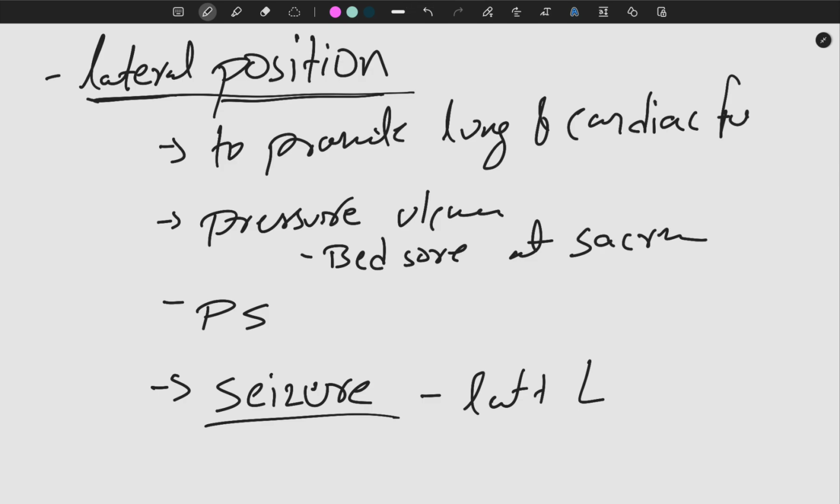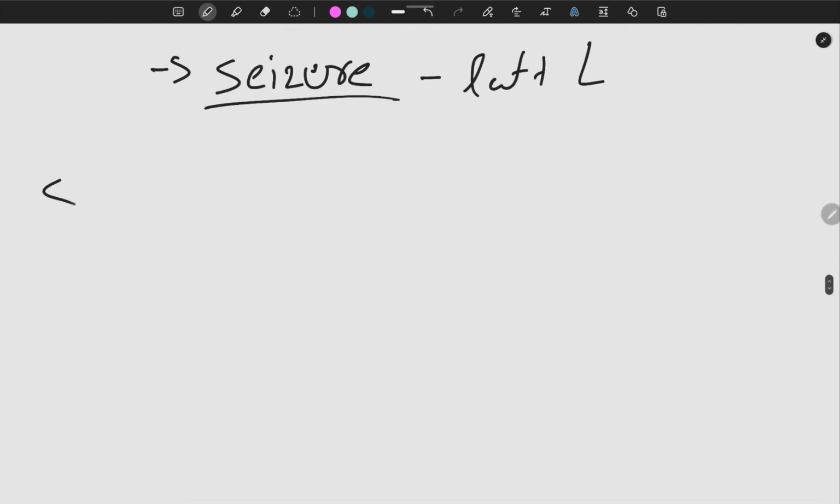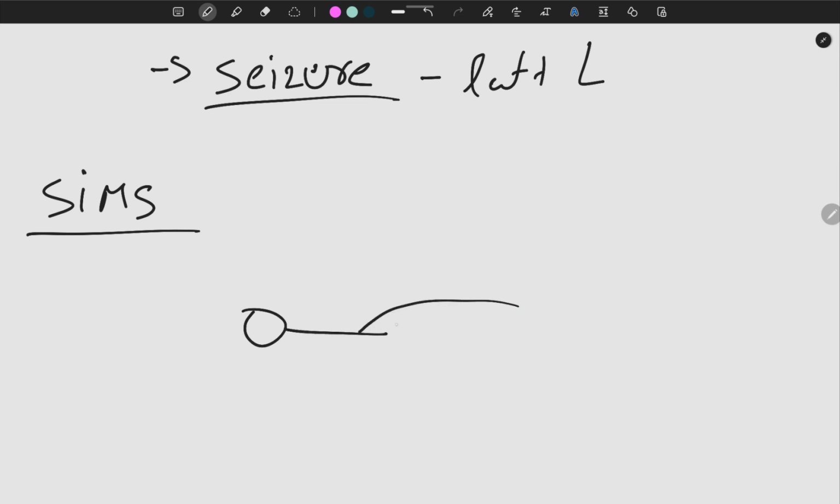The next main important one is the Sims position. In the Sims position, the patient lies on the bed and the anal region is elevated.